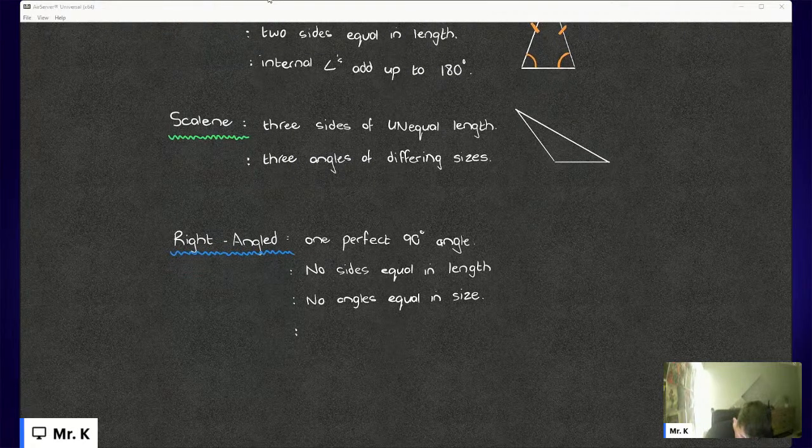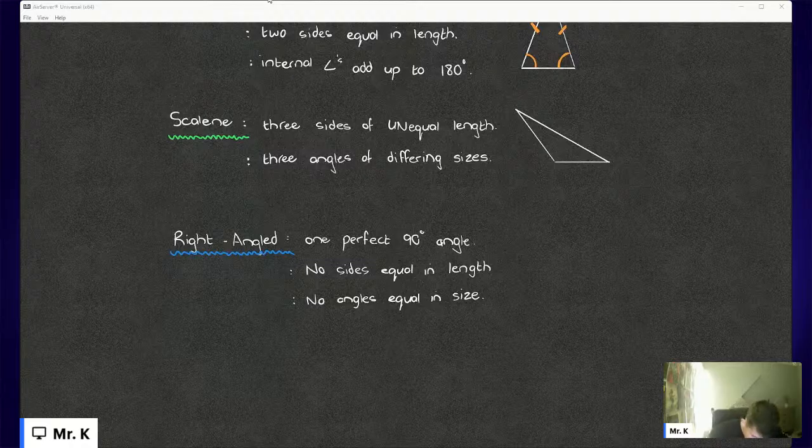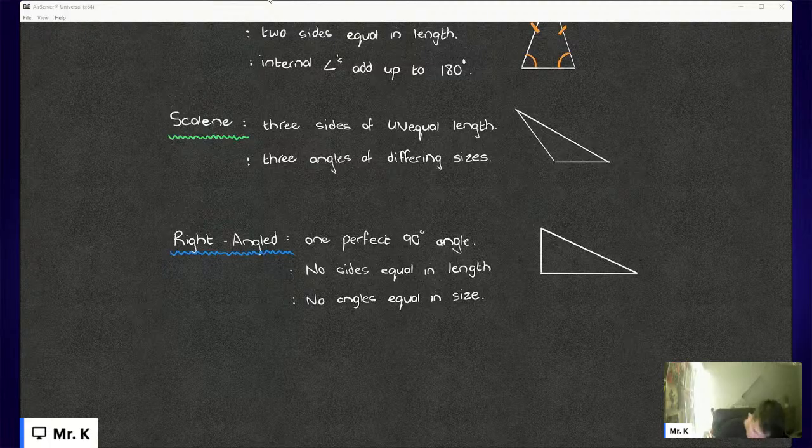So let's quickly draw a right angled triangle so that we can label some important information on it. I'm not going to go through the theorem of Pythagoras today. That is a separate lesson on its own, but I will give you the basics very quickly. When we look at a right angled triangle like this, it's no surprise that we have a right angle. The other two angles in this triangle are going to be different in size. They will not be the same value.